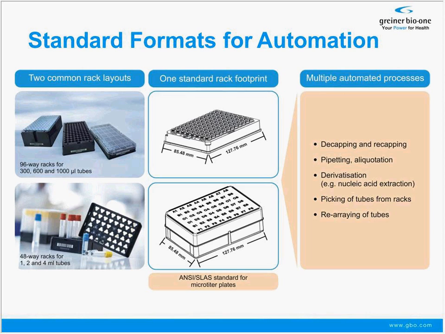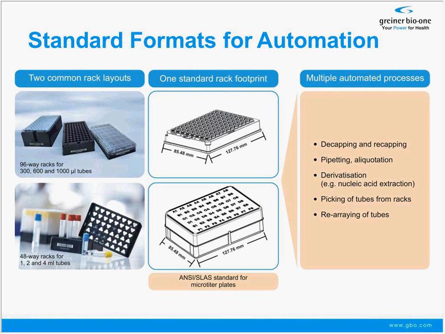Here you see two examples of automation compatible rack formats. In the picture to the left, you see an SLAS ANSI standard compliant rack format. In this case, it's a 96-way layout. These tubes can accommodate 300, 600, or 1,000 microliters of liquid sample and come in the standard format that I just mentioned.